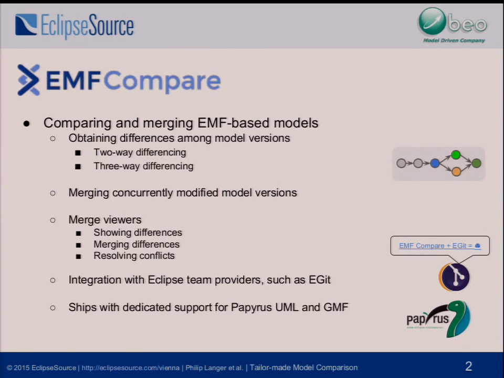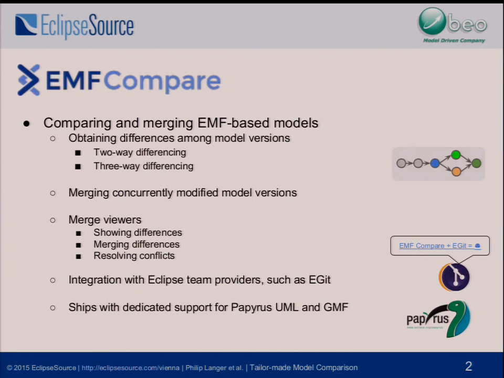So EMF Compare, as you probably all know, is a framework that allows you to compare and merge EMF-based models. Mostly this is done in the context of version control systems. So when you have something, for instance, like Git, and when you joined the talk yesterday about the integration of EMF Compare and eGit, you probably know what I mean. So when you have a couple of versions of a model, you want to do two-way comparison to, for instance, obtain the differences that you just applied to a version.